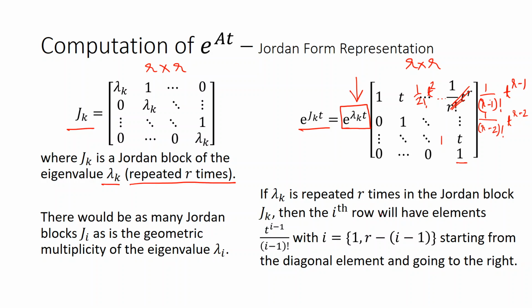This is a general statement I have written down. The ith row will have elements t to the power of i minus 1 by i minus 1 factorial.